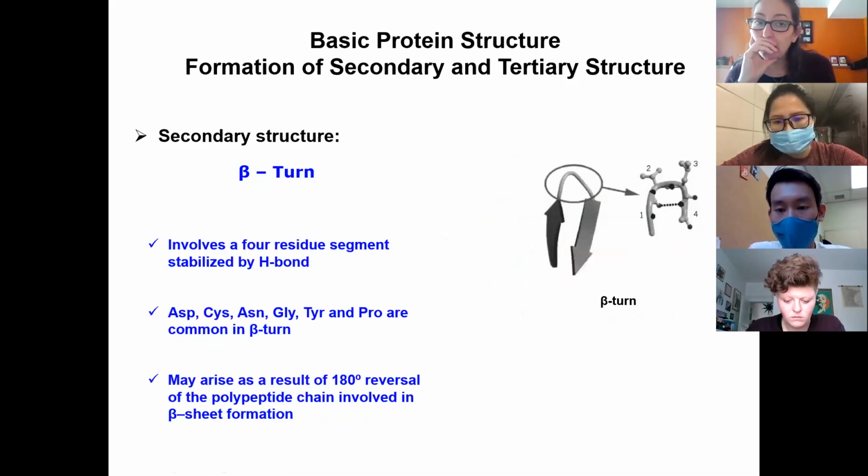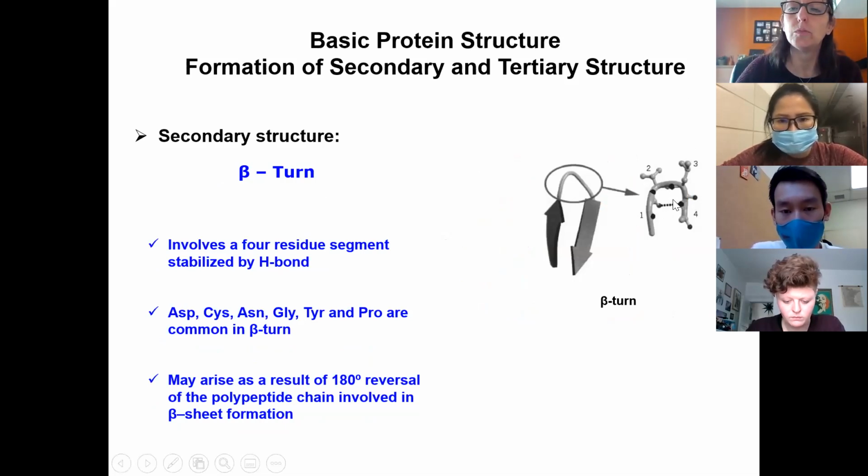Beta turn is another formation, and it's just a turn as it is described here. There's your hydrogen bonding here that stabilizes this beta turn, involving about 4 residues. And these are some of the amino acid residues that may be involved in such a configuration.